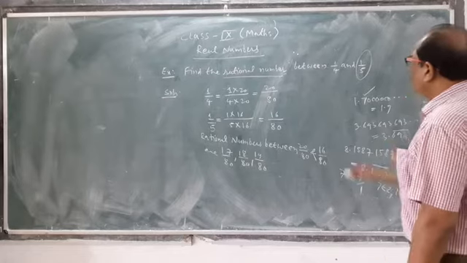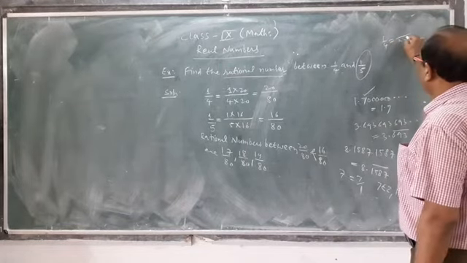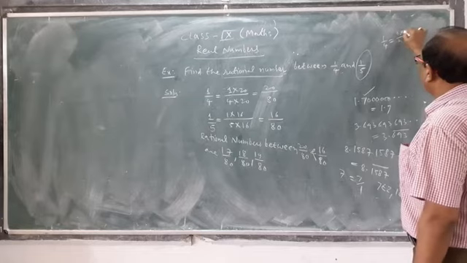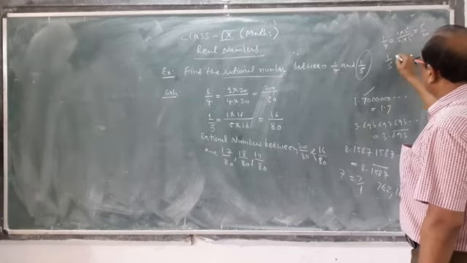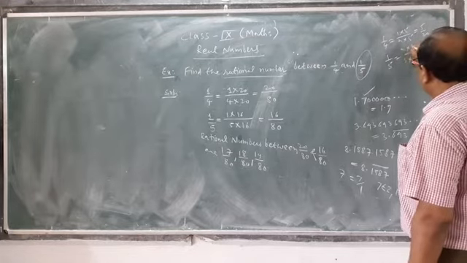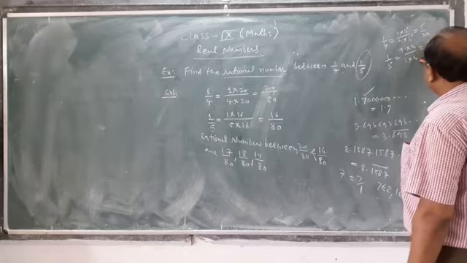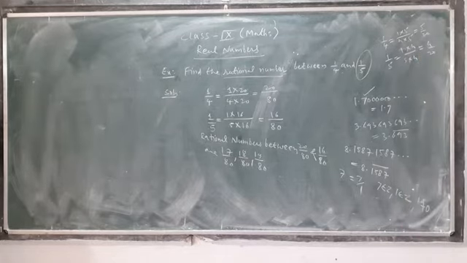Or we can do like this: 1/4 means 4 into 5, 1 into 5, that is 5/20. 1/5 is 5 into 4, 1 into 4, that is 4/20. Then between 4/20 and 5/20, it is difficult to get the number.